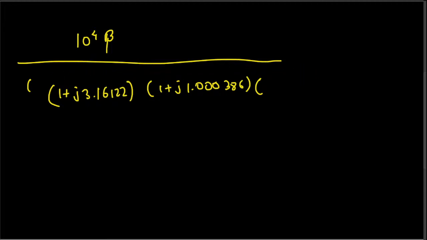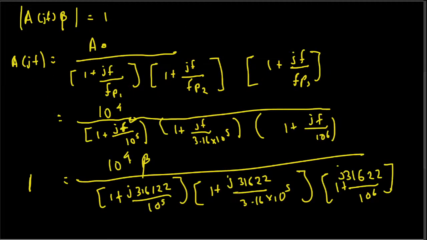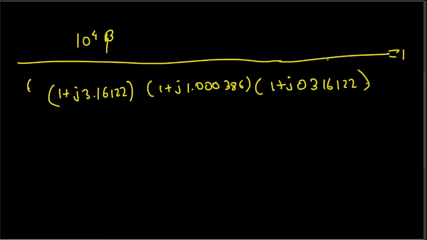So first you simplify this one, that is 1 plus j 0.316122. These are the values you will get once you simplify this. The whole thing is equal to 1, and then you find the absolute value of this.